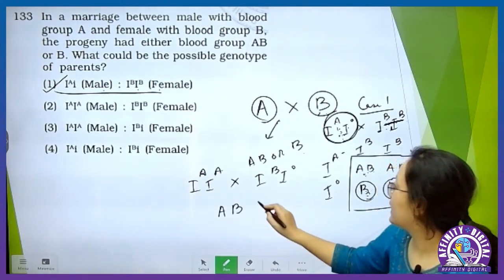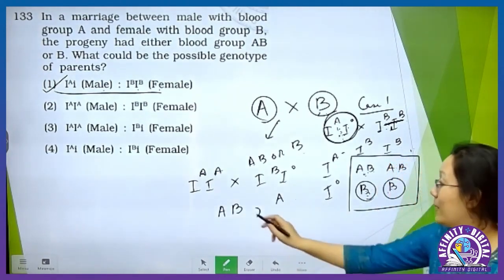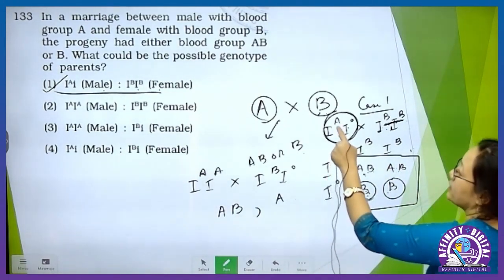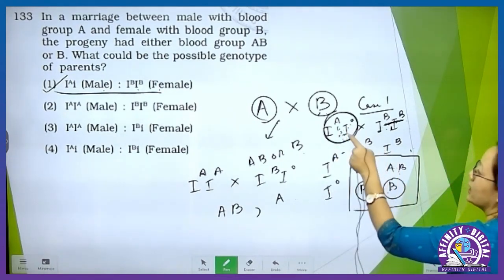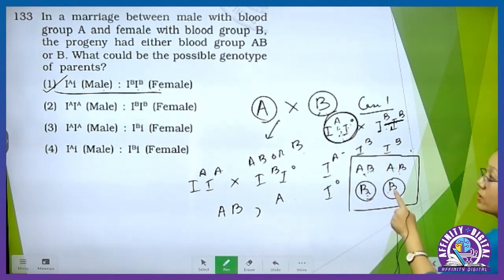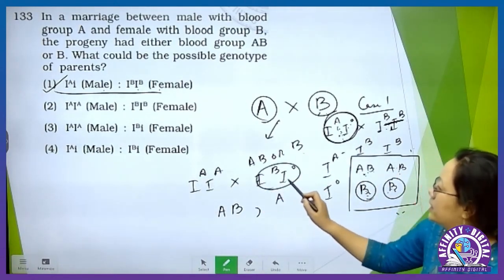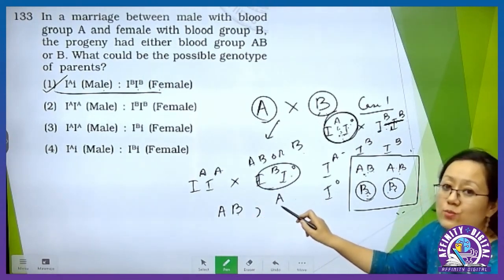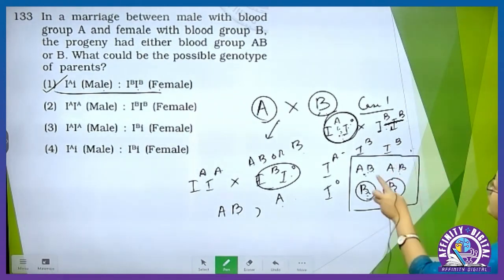It will come either AB or A. That means when we make IAIO heterozygous along with AB, it will produce B blood group. So it will be the opposite. That means when we make B blood group heterozygous along with AB, it will come A. So like this we'll remember. So the answer will be 1.